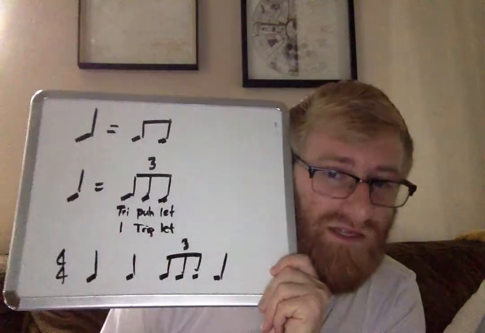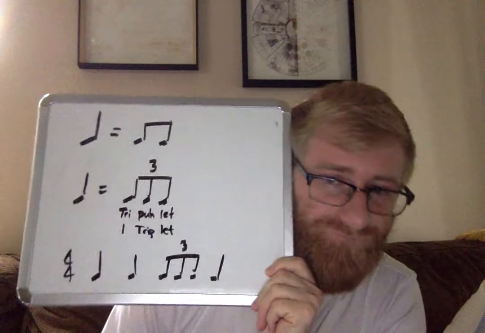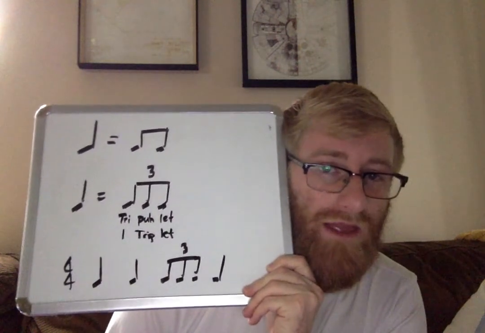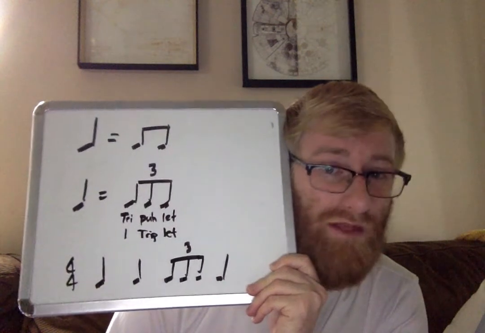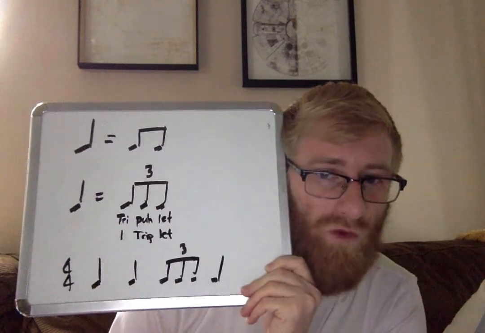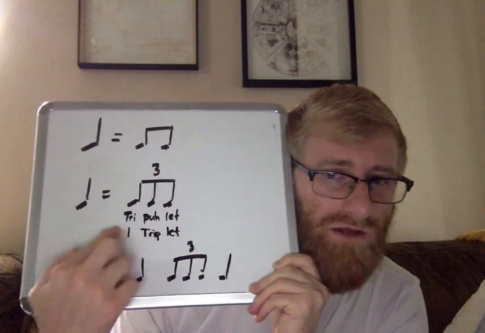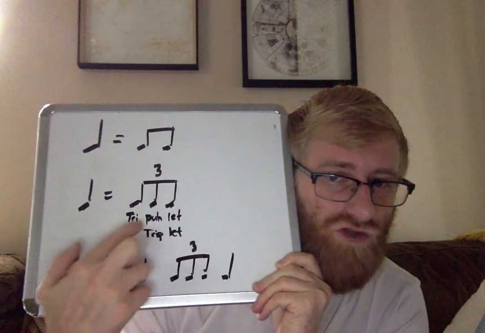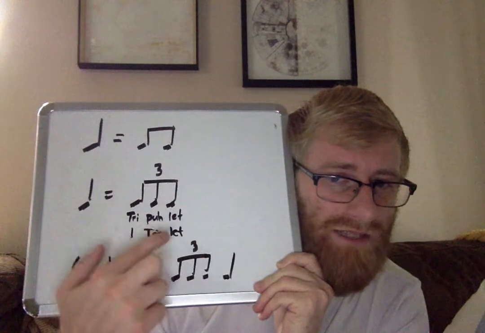Now, the way that we count triplets, there's 2 different ways that you can do this, okay? The first way is the way that I learned growing up, and I find it beneficial, but for some people it may be a little bit more confusing because there is a little bit of an issue with it, okay, is literally just saying triplet, triplet, triplet.